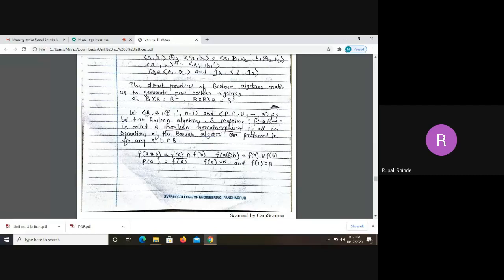So we can say that the star operation is associated with intersection, XOR operation is associated with union, and the complement operation is associated with the bar operation. Again, 0 and 1 are the least and greatest elements of B, and alpha and beta are the least and greatest elements of P.